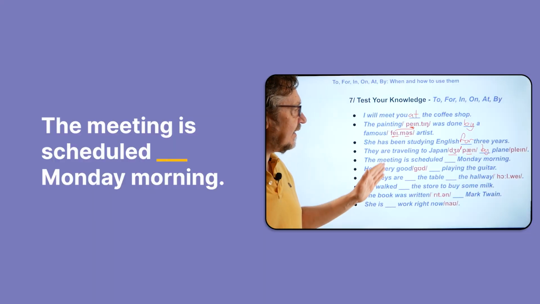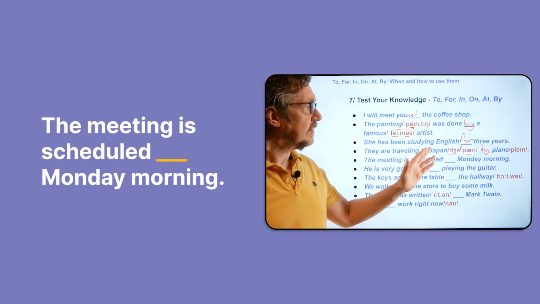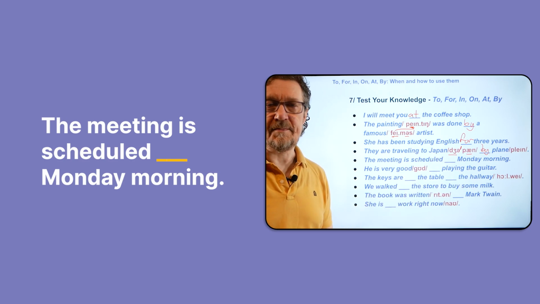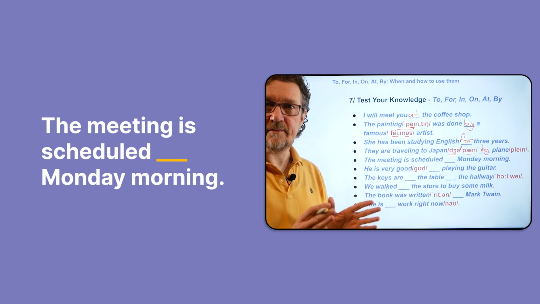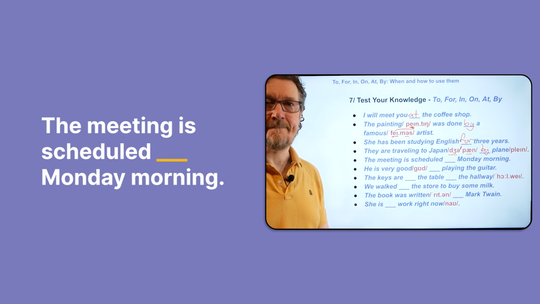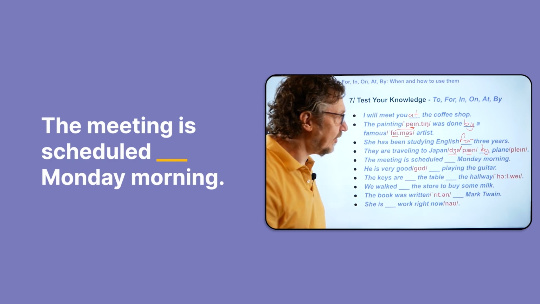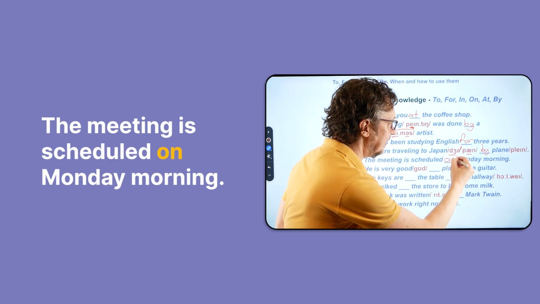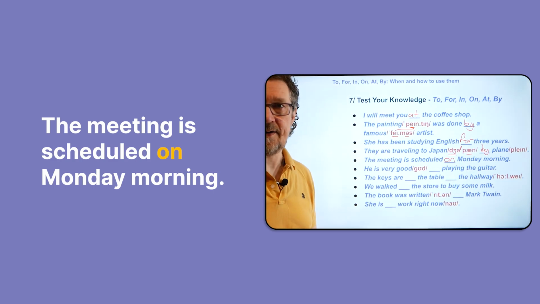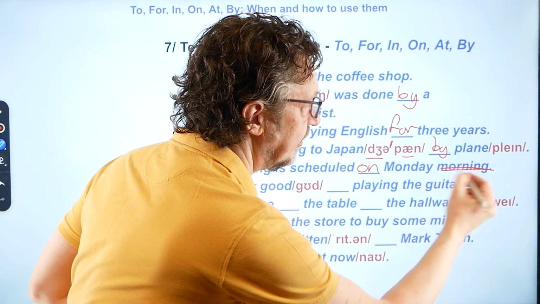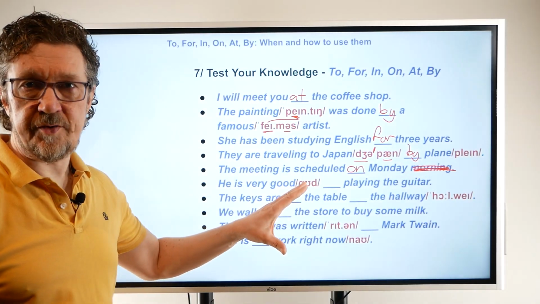Next one, the meeting is scheduled Monday morning. What do you think? Remember what we were talking about, days. When the day's involved, it is on Monday morning. Because if we were going to say just on Monday, you use on.